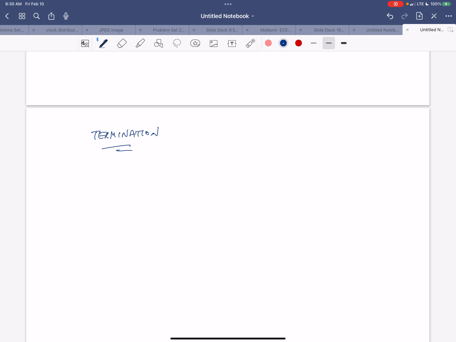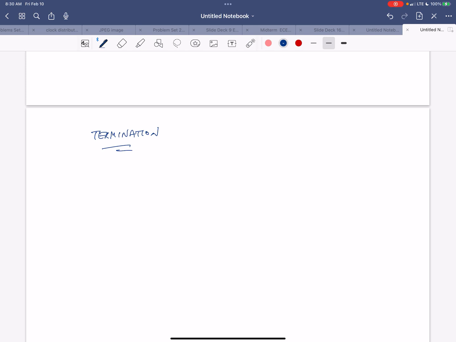Because what happens is, imagine this wave traveling through space, and it hits the end. What happens there? Maybe a reflection? Maybe a reflection, which is a bad thing. Now, I talked about a transmission line being a special case of electromagnetic wave.